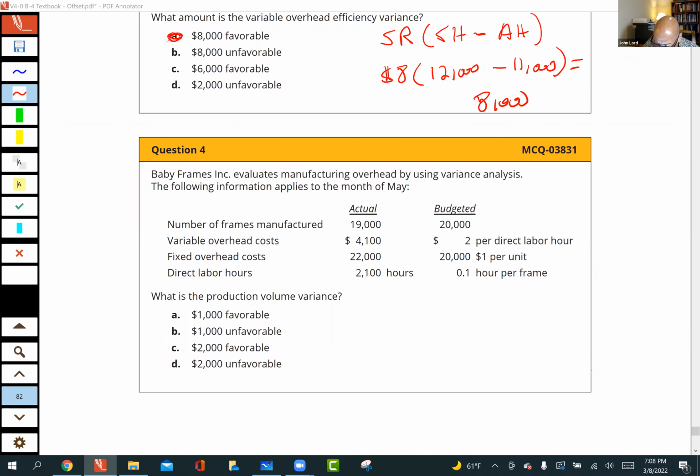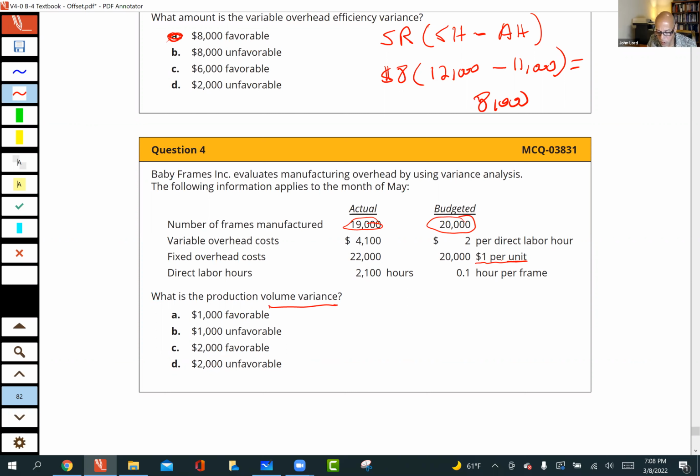I stopped you because I didn't want you to get tangled up in a lot of this superfluous information that's in this question, because for the volume variance, they give us what? They give us the volume, and they tell us that the overhead cost per unit is $1.